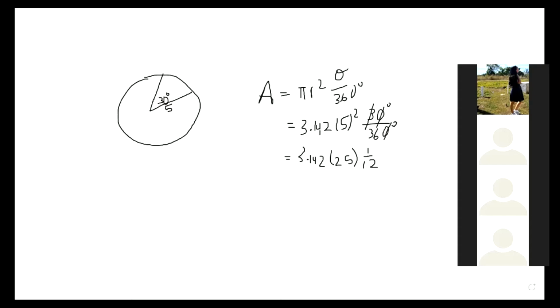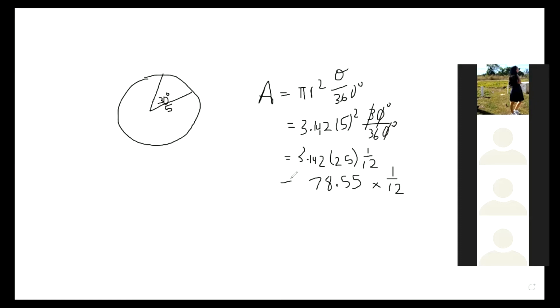And so let's work this thing out. 3.142 times 25 gives me 78.55.